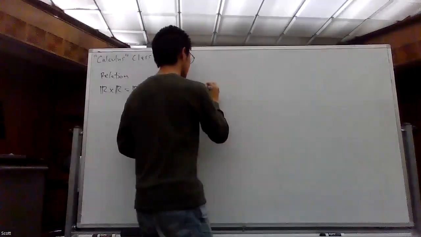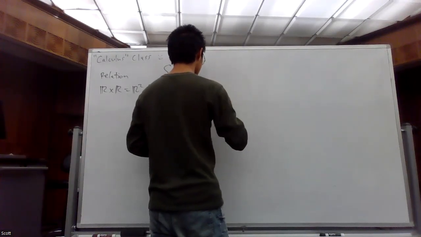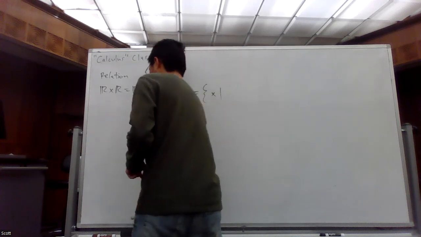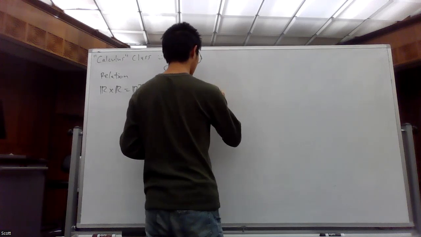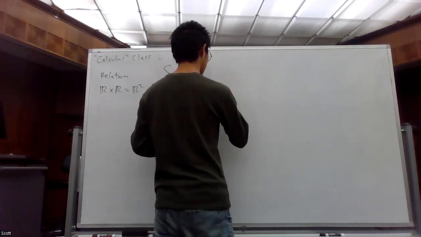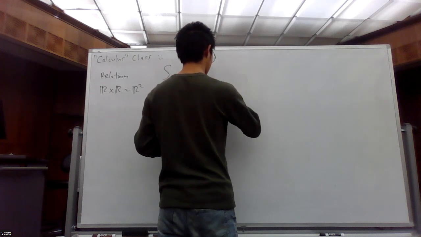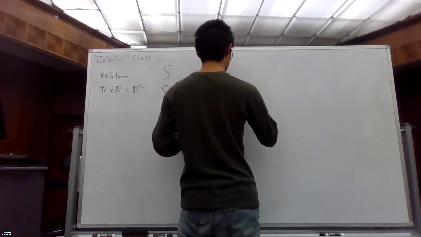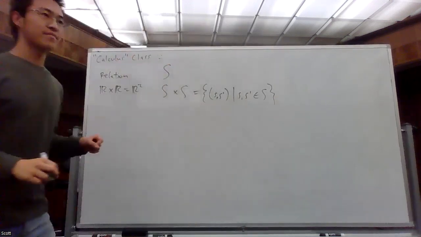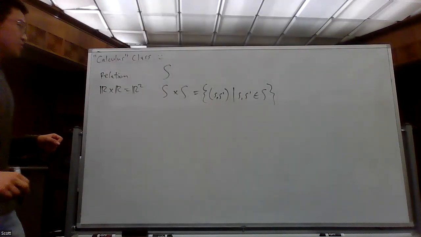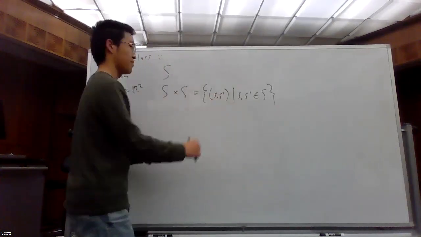So what this means is that we've generated a set of elements, or well, I'll tone down the abstraction, elements s, s prime, such that s and s prime are in S. So you just say, hi Billy, hi Joe, we have the same mom, and then boom.